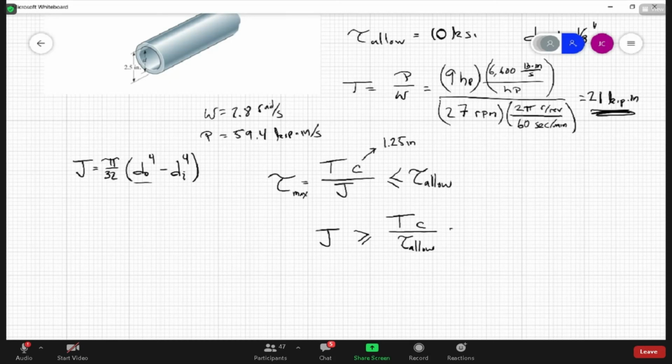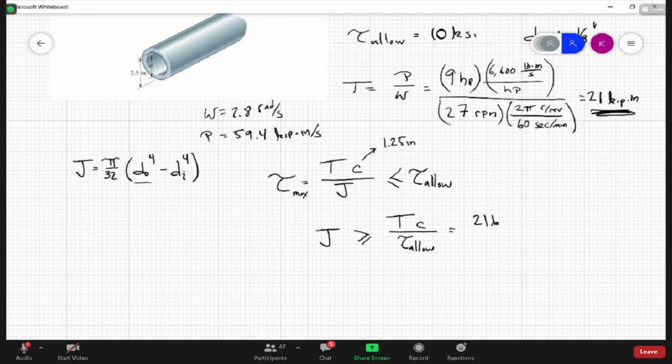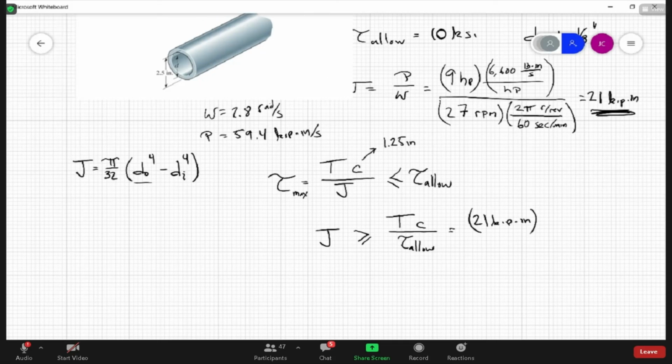So that is equal to 21 kip inches, C is 1.25 inches, that's the outer radius, over the allowable stress, which is 10 KSI. I got a K upstairs and downstairs, so they'll cancel out. This is going to give me an answer in inches to the fourth.